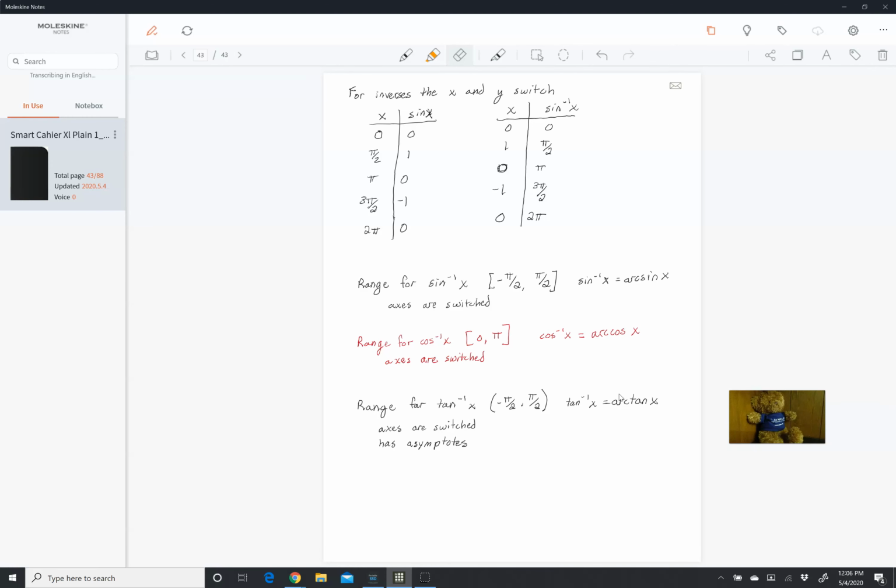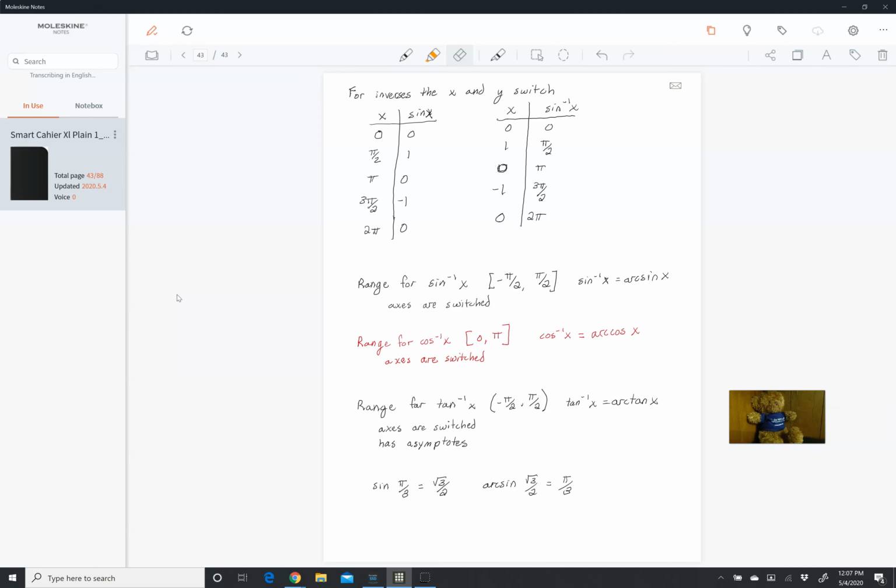So what does this mean in terms of exact values? The sine of pi over 3, this is 60 degrees, the sine of pi over 3 is square root of 3 over 2. So the arc sine of square root of 3 over 2 is pi over 3.